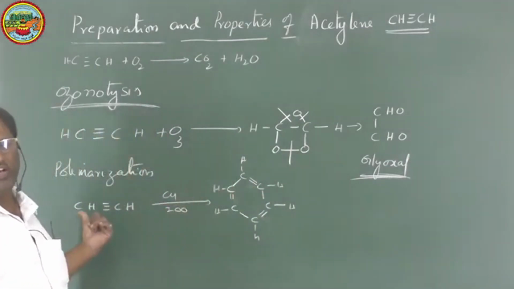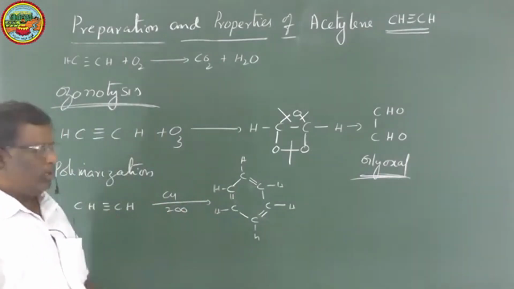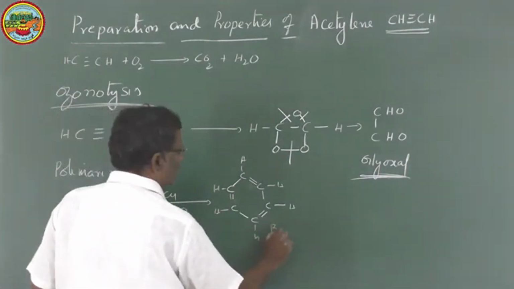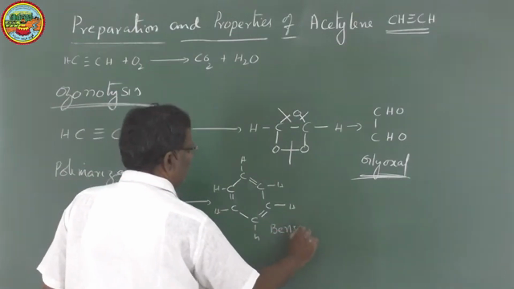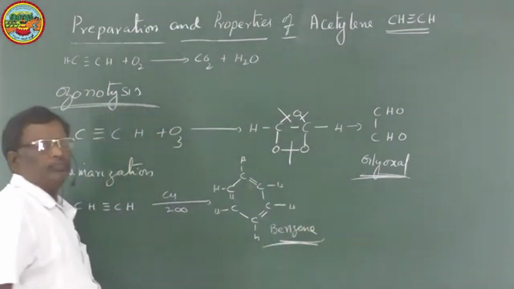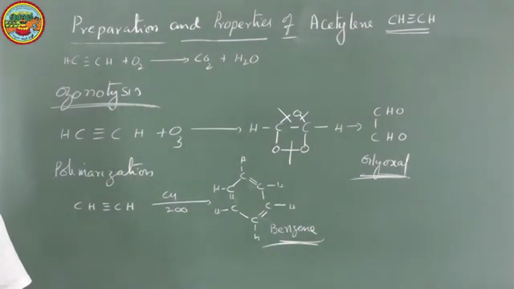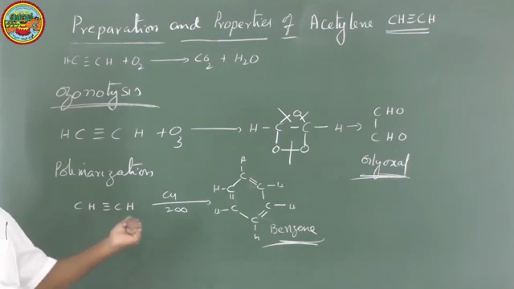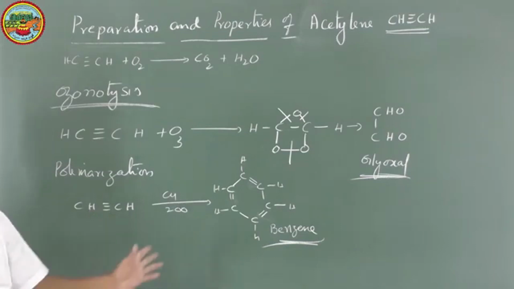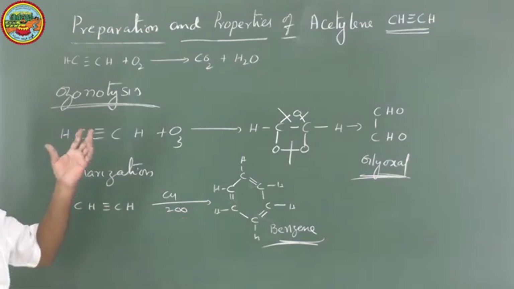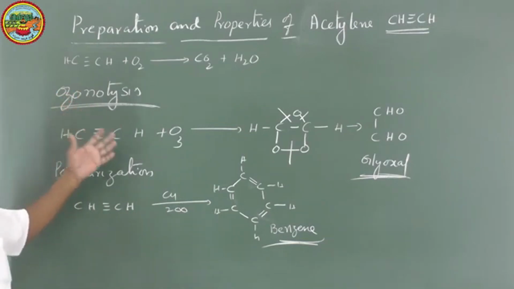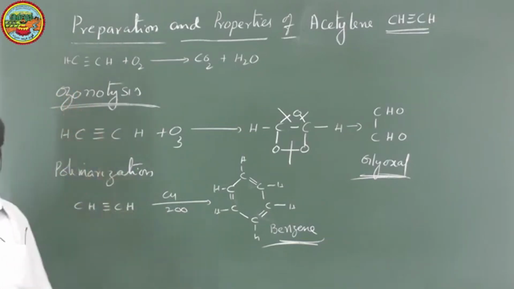So polymerization of acetylene leads to benzene. This is one of the important methods in the preparation of benzene. So three molecules of acetylene polymerize to give benzene, when passed through copper tubes at 200 degrees centigrade and high pressure. These are the important properties of acetylene.